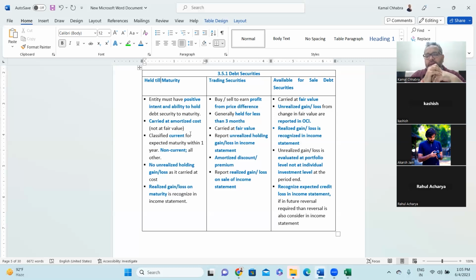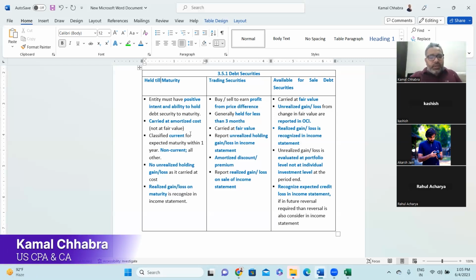Right. Second is trading security. What is trading security? It is what you purchase, generally intraday, or for the purpose of selling. That is the normal part of your business, like a stockbroker or people who do trading. That is your main business. In that scenario, you buy and sell to earn profit from the price difference. For example, in the morning you have purchased the debt of, let's say, Facebook at $1,000 each.